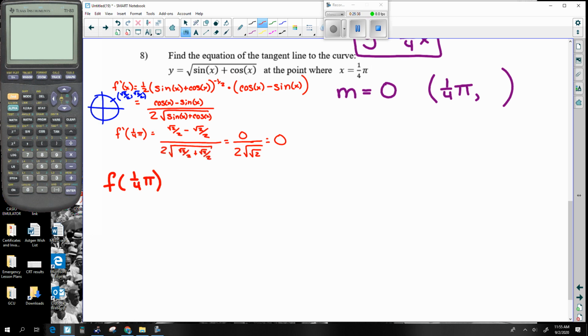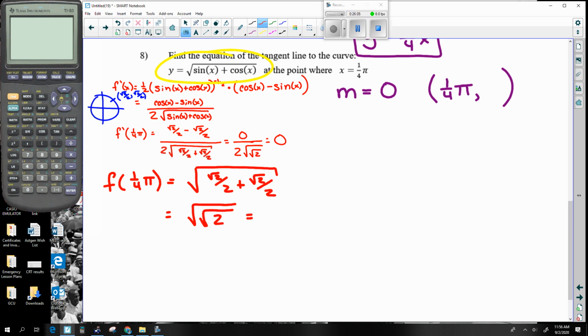So I go back to the original function here. What I see is this is going to be the square root of the sine of that, which is the square root of 2 over 2 plus the square root of 2 over 2. As I said, I was going to get back to this one. This is the regular y. And so this is going to be the square root of the square root of 2.